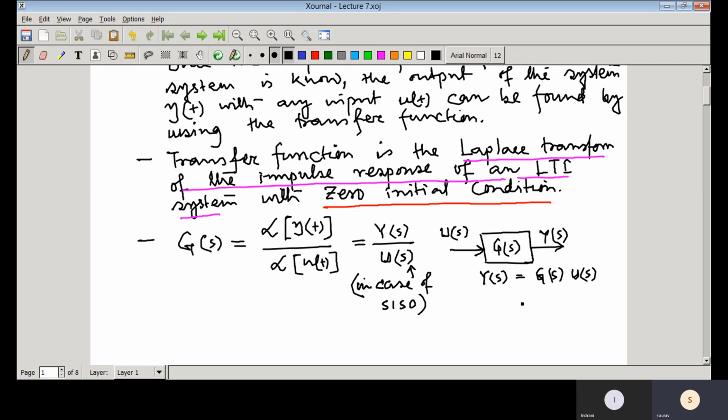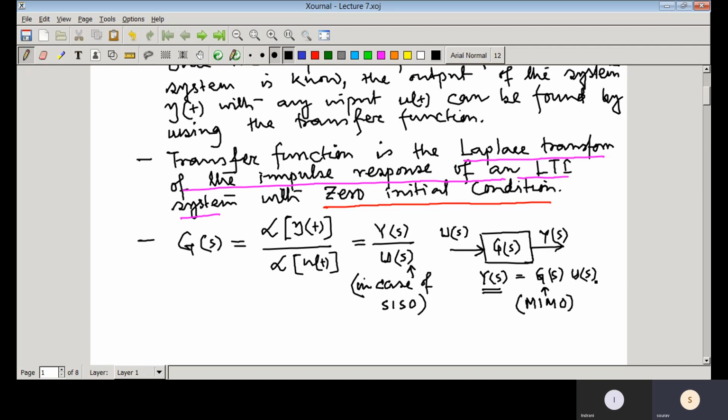So for MIMO, that means this particular representation is also applicable for a single input single output system. So that is output variable Y(s) equal to G(s) into U(s).